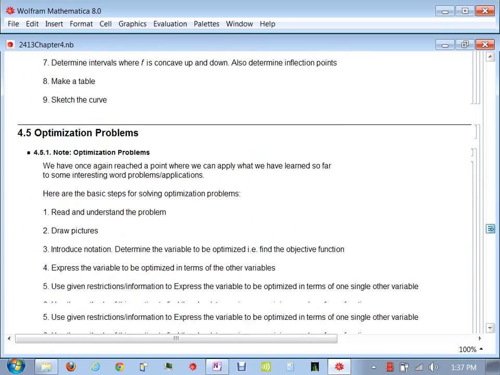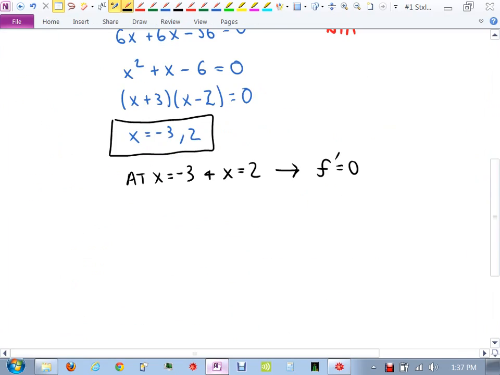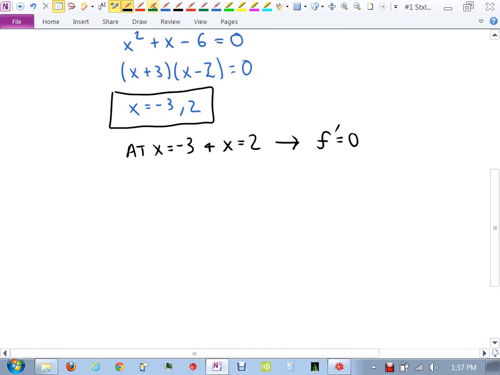So watch the way I'm going to do this. Once I get to this point, and this is going to be our standard practice from here on out, I'm going to draw a number line. I'm going to label the 2 points on my number line. Just make sure you get them in order. And I'm going to use that to partition my number line into, in this problem, 3 separate regions, right?